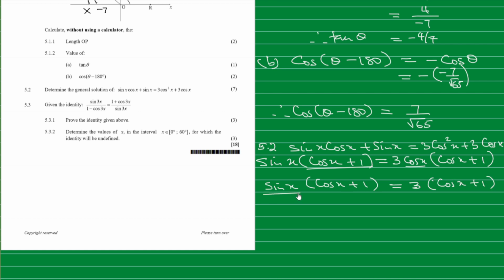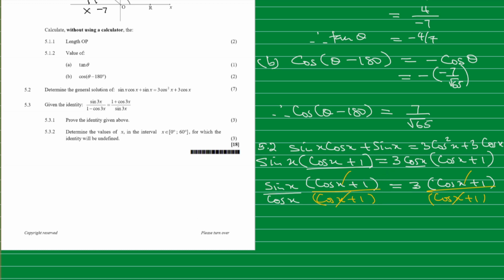Now I have divided by a cos x over here. And then I'm going to divide this side also by a cos x plus 1, and here by a cos x plus 1. So this one will divide out, cancel out.